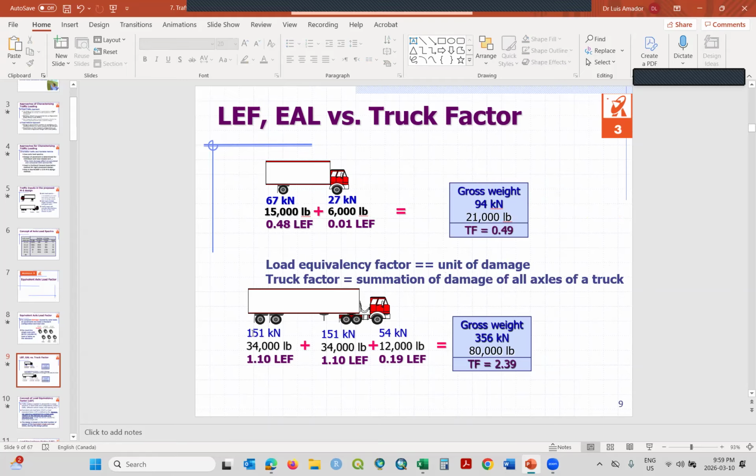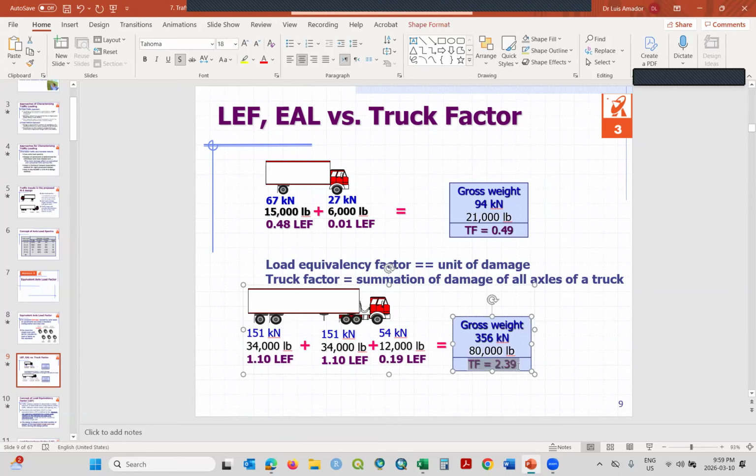So for example, if you look at this one here, it will have 1.1 as the load equivalency factor, so 1.1 units of damage. And over here, we'll have 1.1 units of damage for this one because it's the same weight. And the steering axle will have 0.19. You make a straight summation and you get a truck factor of 2.39.